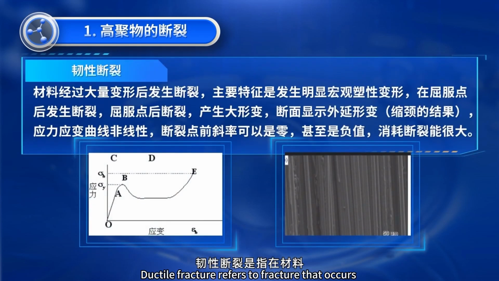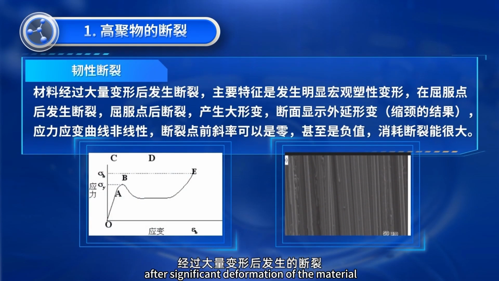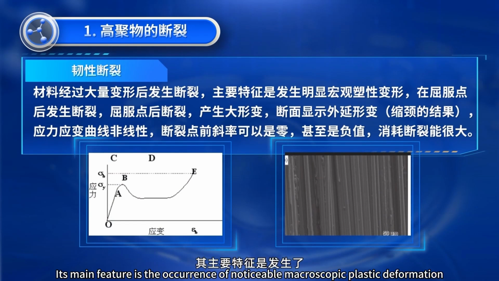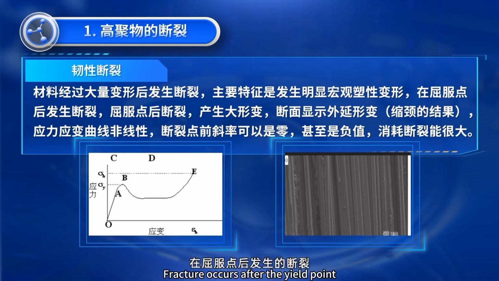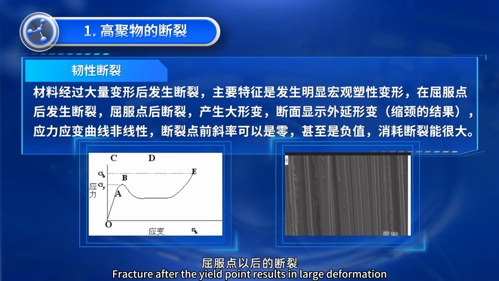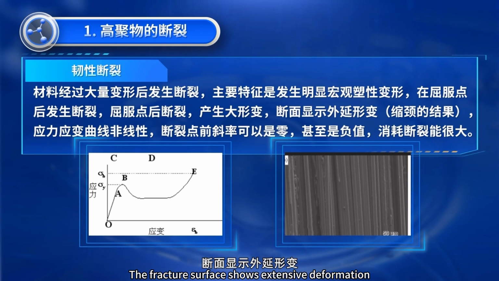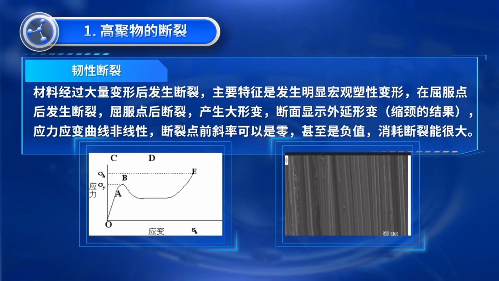Ductile fracture refers to fracture that occurs after significant deformation of the material. Its main feature is the occurrence of noticeable macroscopic plastic deformation. Fracture occurs after the yield point. Fracture after the yield point results in large deformation. The fracture surface shows extensive deformation.